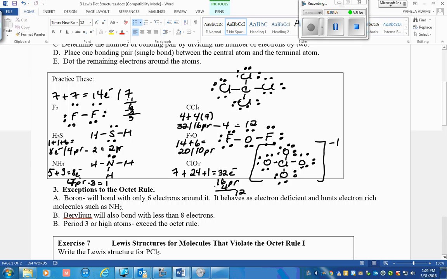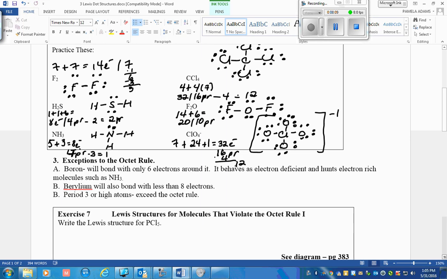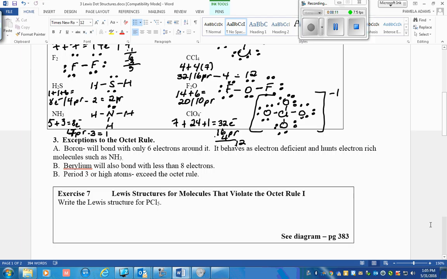All right, now we need to talk about those atoms that violate or are exceptions to the octet rule. I will let you read these. The important thing that you need to remember is any atom in period 3 or higher can exceed the octet rule, and when it does that, we say it expands the octet.